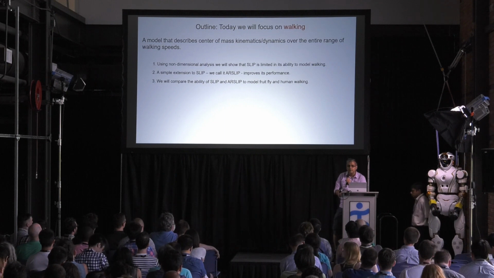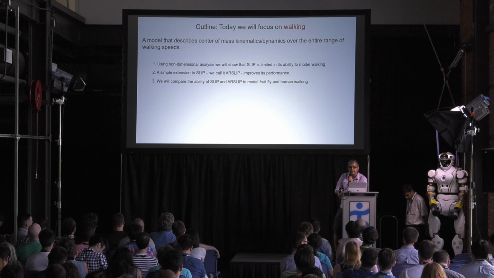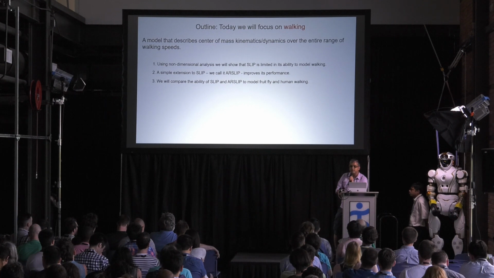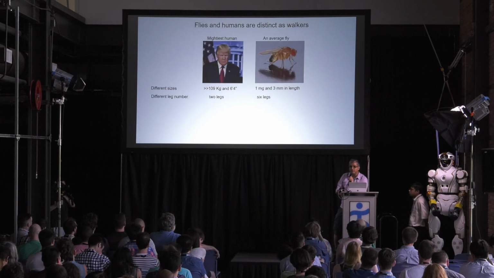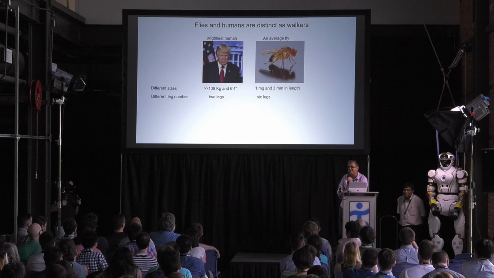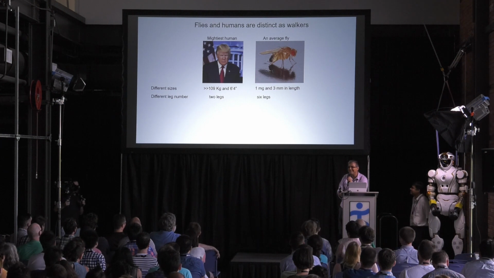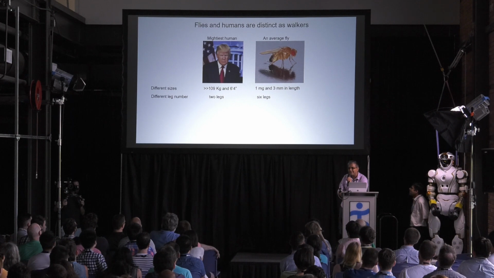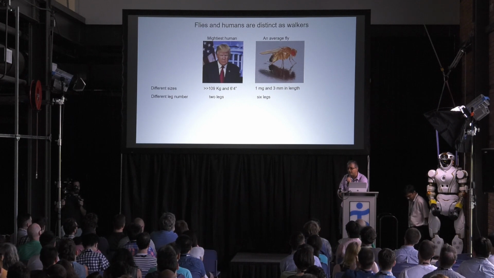I'll start by saying why we pursued fruit fly and humans in parallel. A couple of the reasons are quite obvious. There is a large difference in the size of these two animals, and a large difference in the number of legs, which helps probe how general a model is.